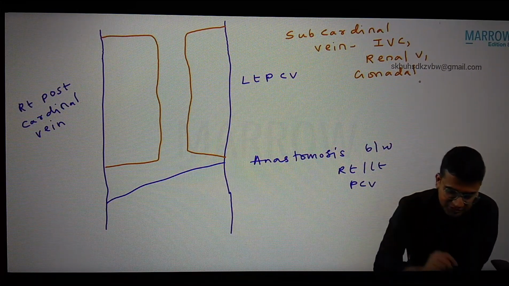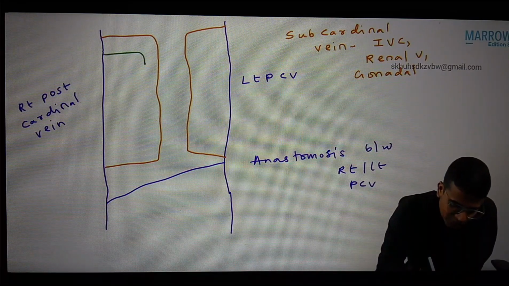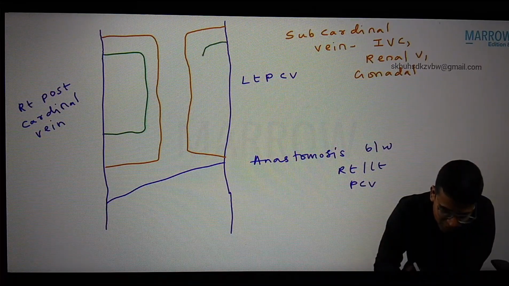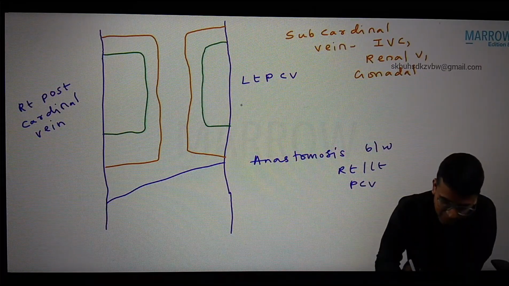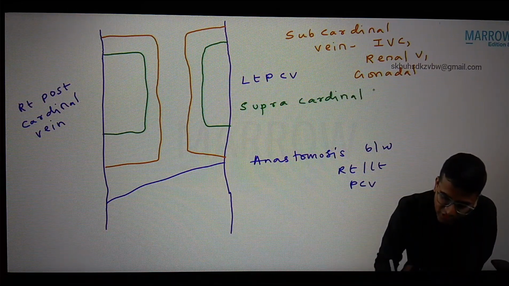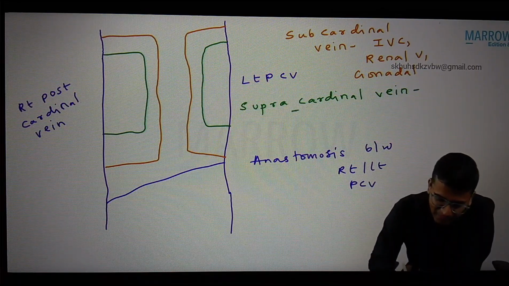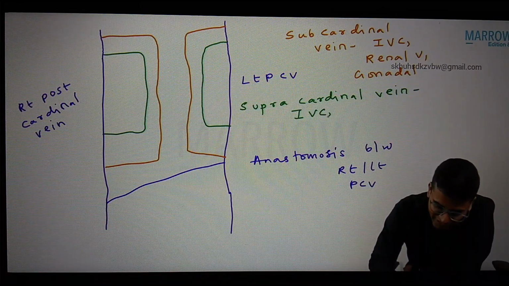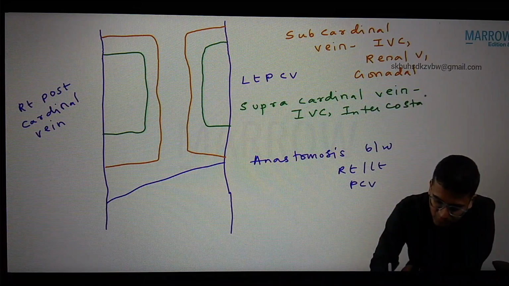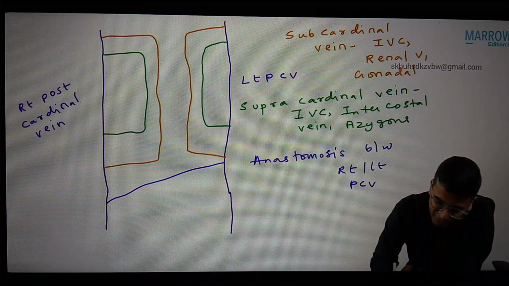Okay. So next we have supracardinal vein. Supracardinal vein, let us draw here like this. That is our supracardinal vein. See, green color, right and left supracardinal vein, help in the formation of inferior vena cava, intercostal veins, and also helps in the formation of azygos system of veins.